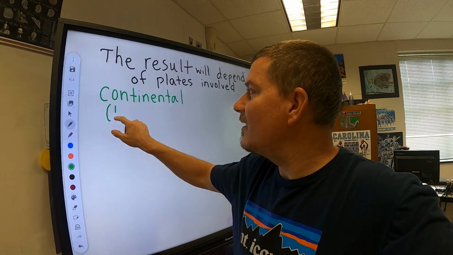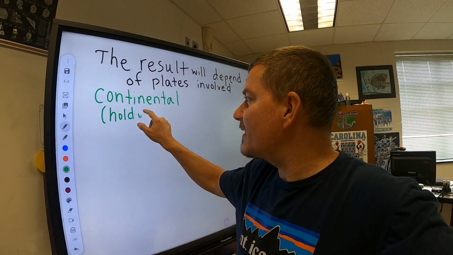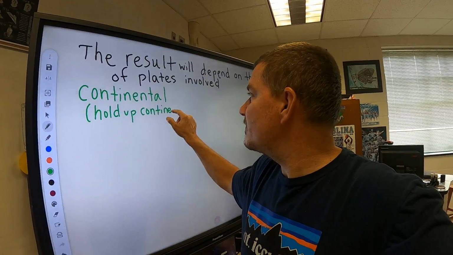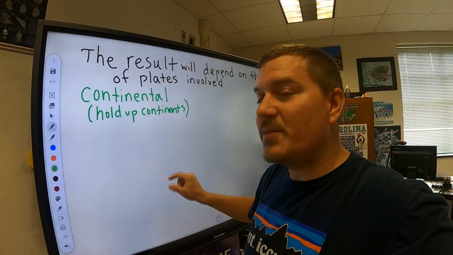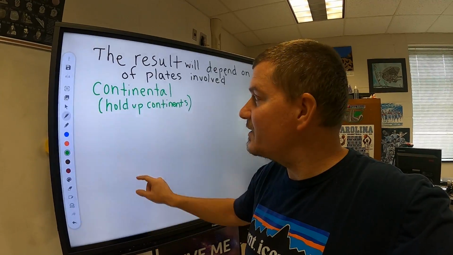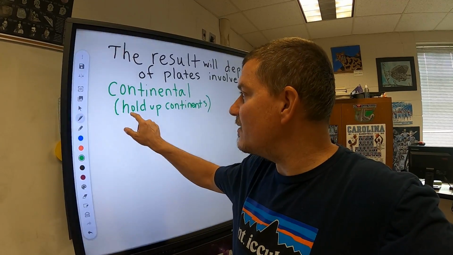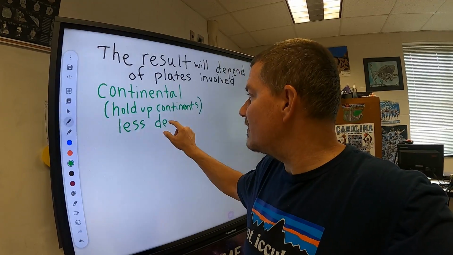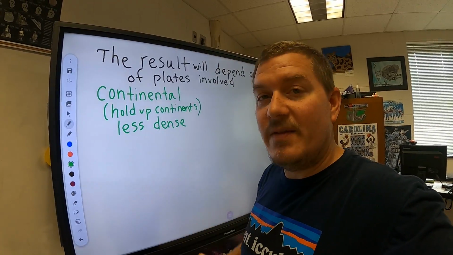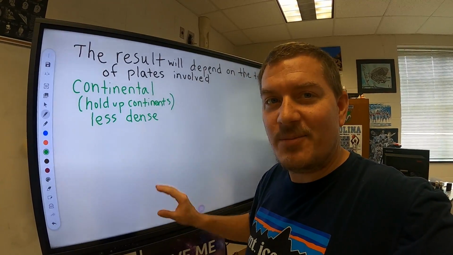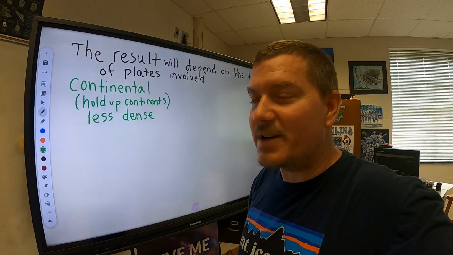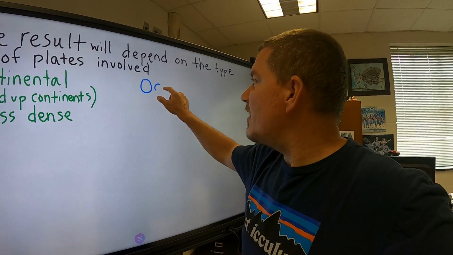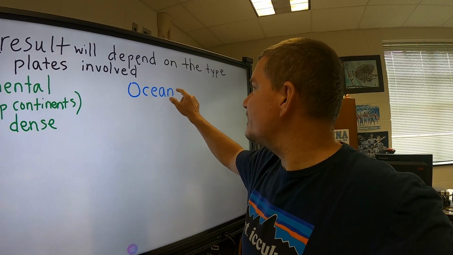Continental plates hold up continents. Something else that's important to know about continental plates is that they are also less dense than oceanic plates, and that's going to play a big role in the result, as we're going to see a little bit later. So the other type of plate we have is oceanic plates.